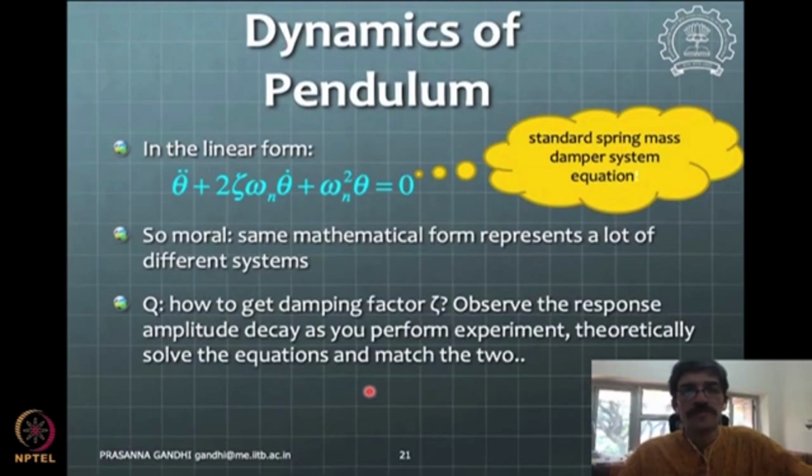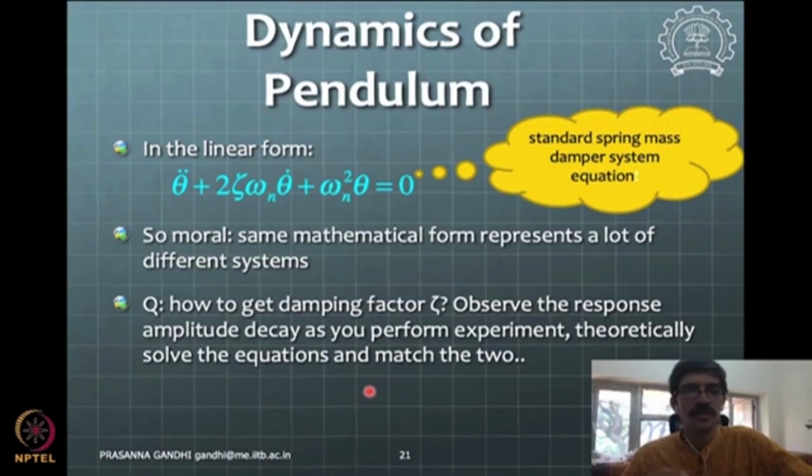Now one can do some experiments to see how we get the damping factor zeta. So you can think, okay, if I time it, how much time it takes to get the amplitude to half of its original value, something of that sort.